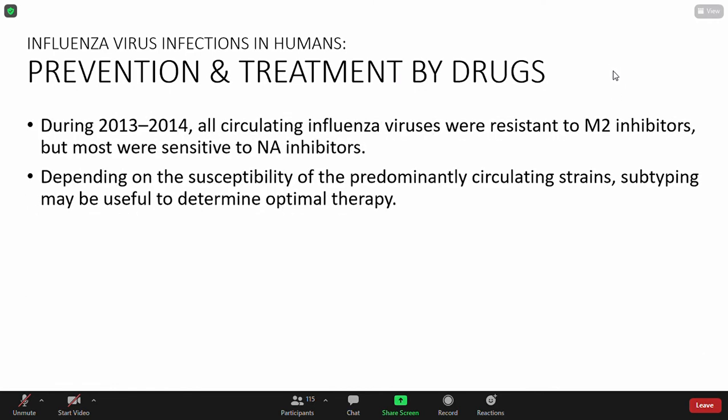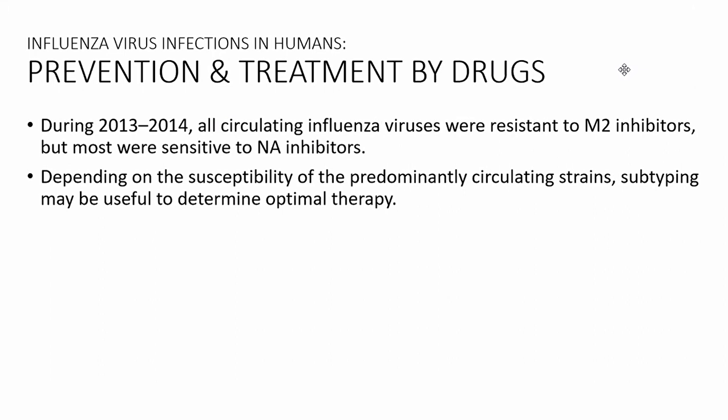During 2013 to 2014, all circulating influenza viruses were resistant to M2 inhibitors, but most were sensitive to NA inhibitors. Depending on the susceptibility of the predominantly circulating strains, subtyping may be useful to determine optimal therapy.